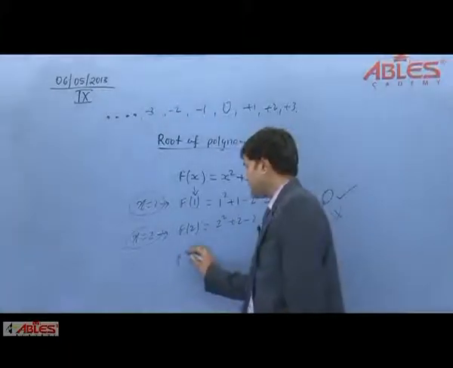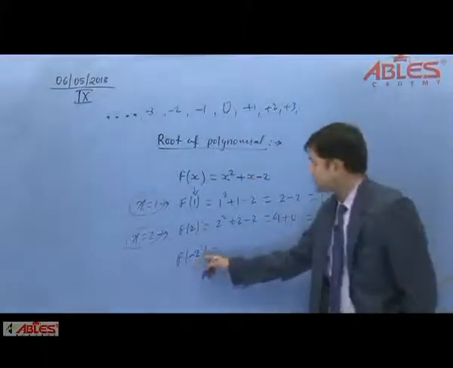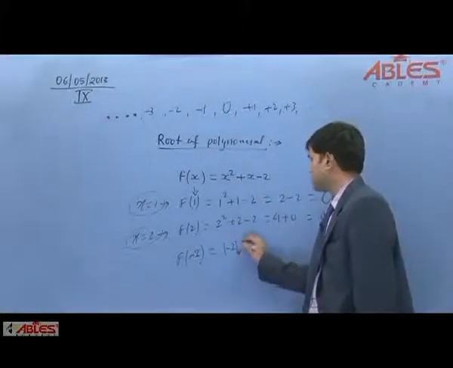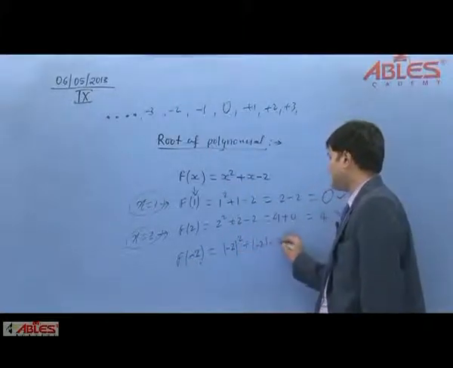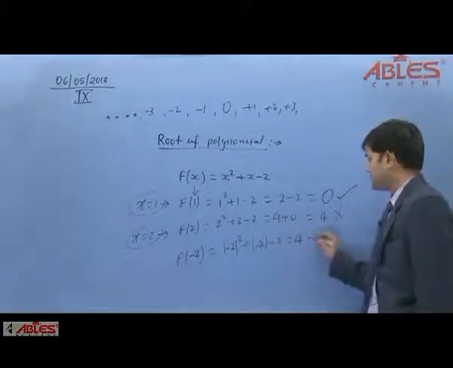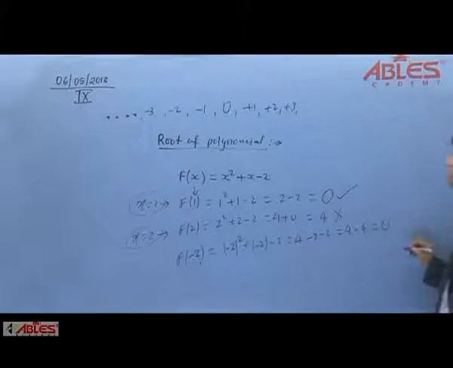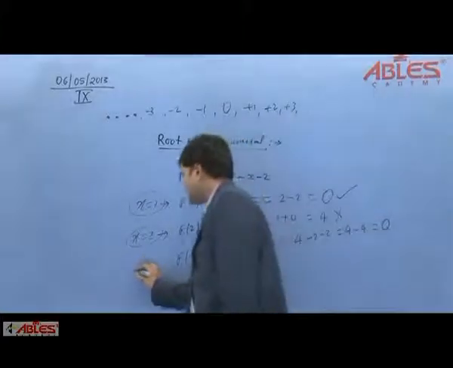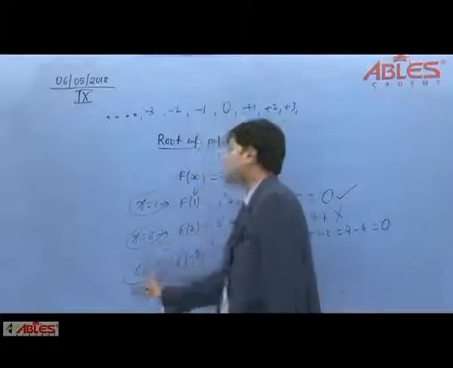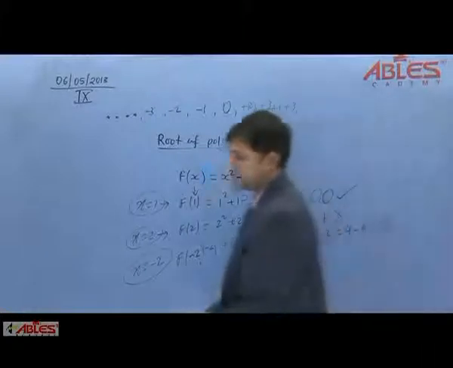Suppose now we put some value of x like minus 2. Okay students, if you put minus 2, what do you get? Minus 2 squared plus minus 2 minus 2. Minus 2 squared is 4, and plus minus 2 minus 2, so we get 4 minus 4, output 0 this time. The output is 0, that means again we can say that x equals minus 2 is a root of the polynomial, because for x equals minus 2 we get output 0.